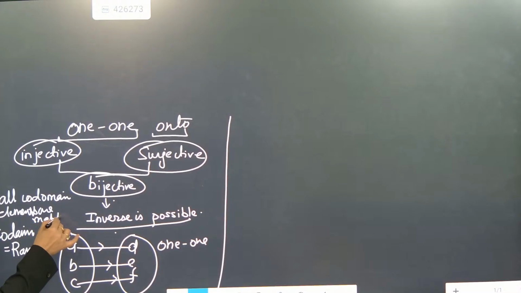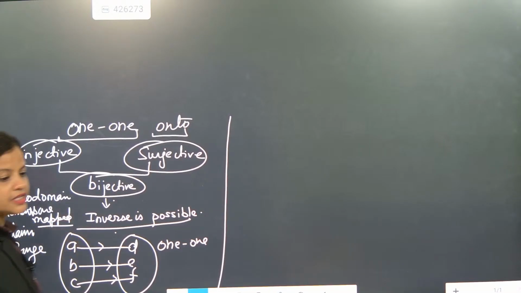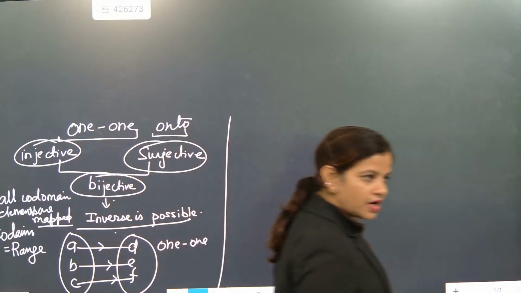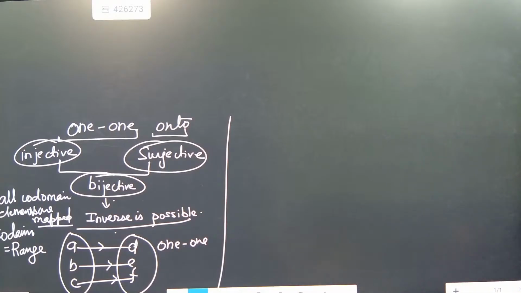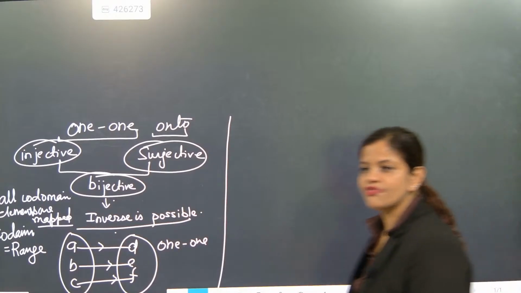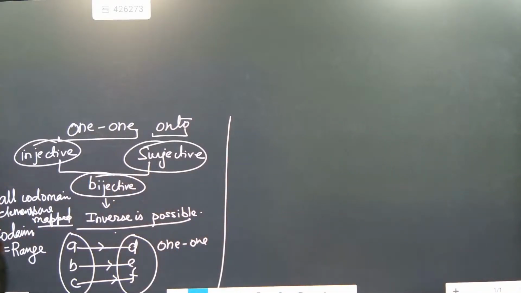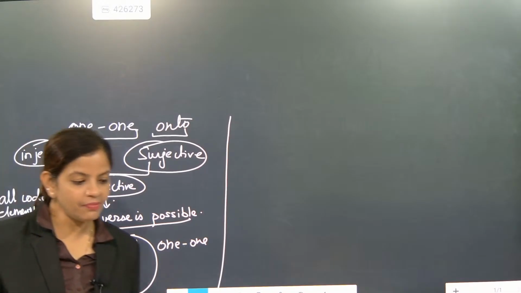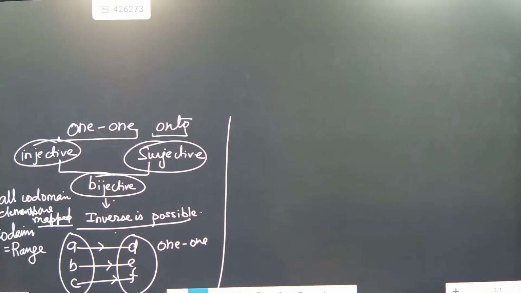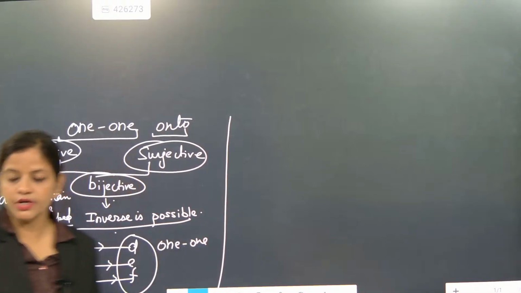So since all codomain elements are mapped, it is equal to range. Understood or not? So when range is equal to codomain, it is a case of onto. Did you understand it? Range is equal to what, beta? Codomain. And that will become a case of onto. Did you get this point? So this is the first part. Range is equal to codomain.